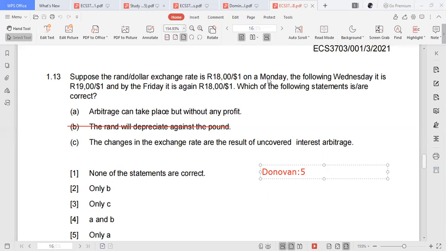My thinking behind it was because of the uncovered arbitrage and the arbitrage. I just can't remember the why, but I went with none of the above. I'll come back to you and apologize.